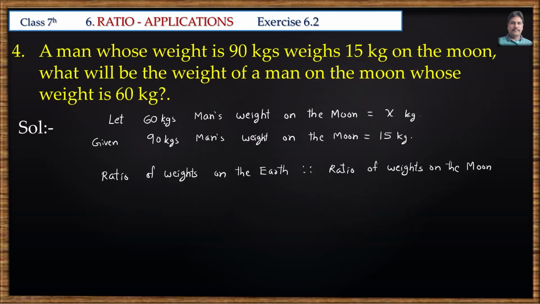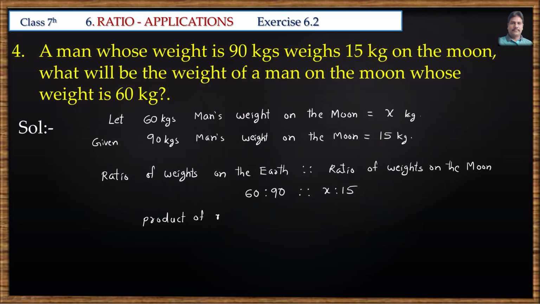What are the weights on the earth? 60 and 90. Therefore, 60:90 is proportionate to weights on the moon are x and 15. X is to 15. We know that the product of means is equal to product of extremes.